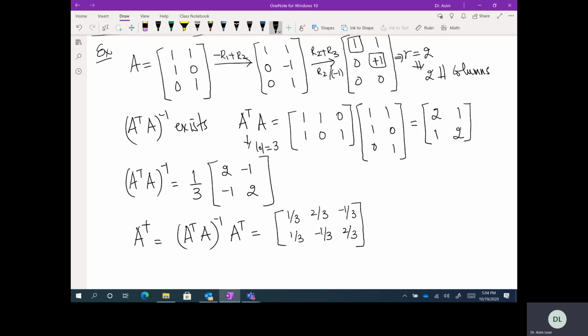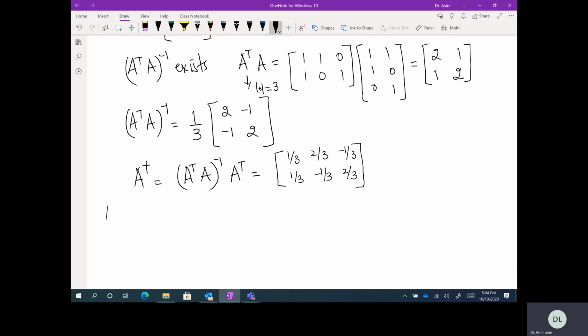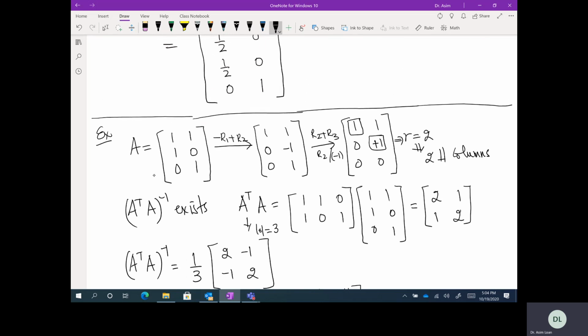And if you compute, so an alternate method is you compute A plus equals, so instead of U sigma V transpose, we have V sigma plus U transpose. Since this is a tall matrix, you should compute eigenvectors.